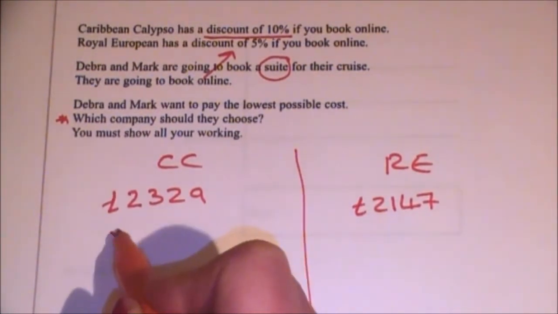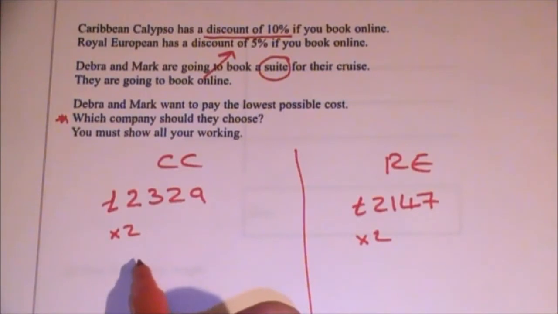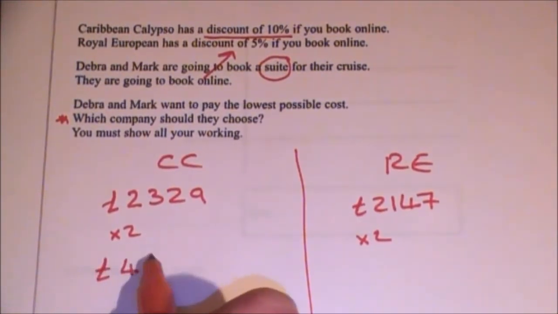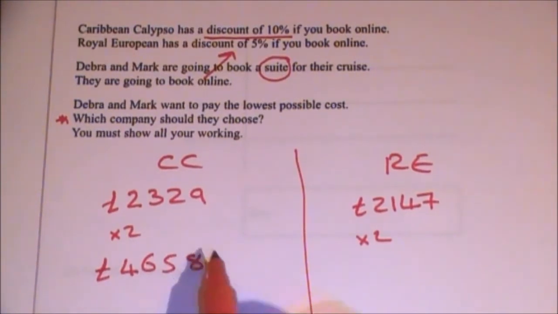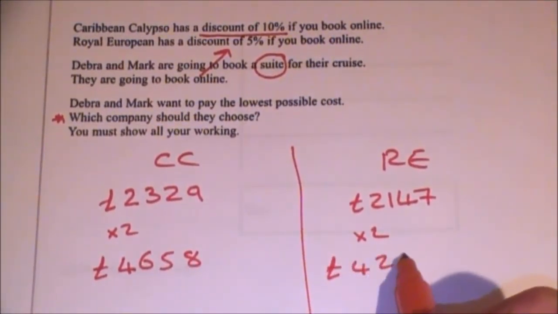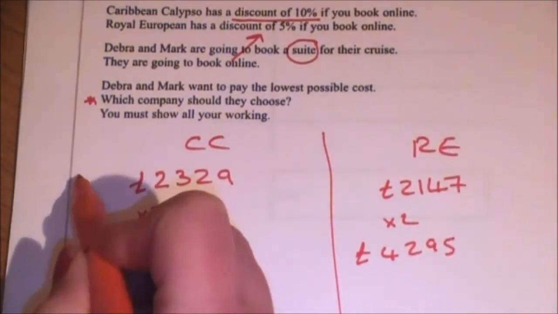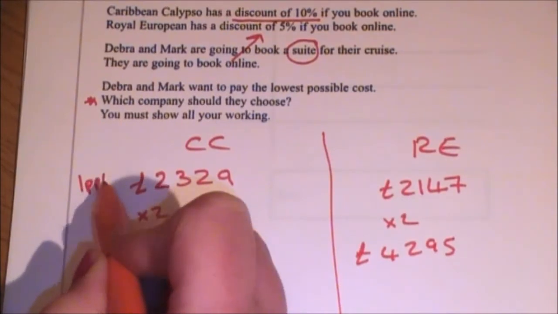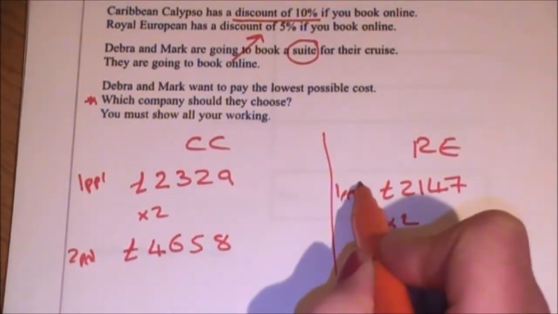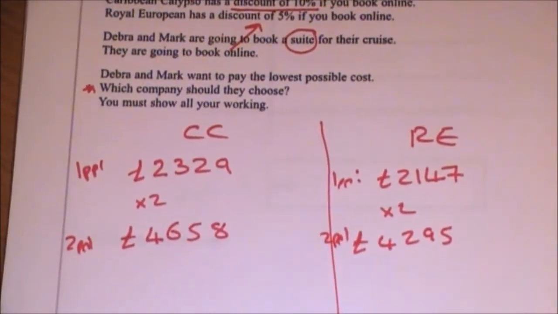Now there are 2 people going, so I'm going to multiply that by 2, and that's going to tell me that the total cost for both of them is 4,658 with the Calypso, and it's 4,295 with Royal European. So I'm just going to write here 1 person, 2 people. So that's the price for both of them.